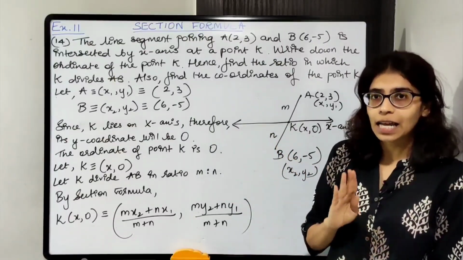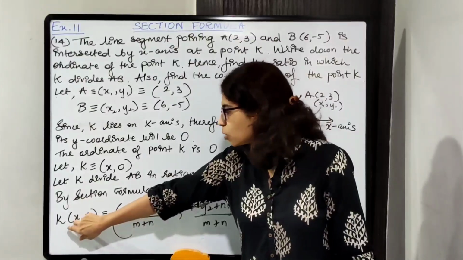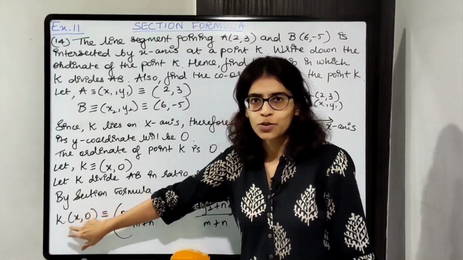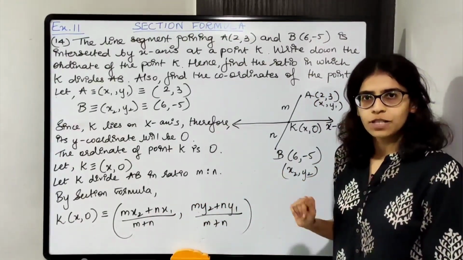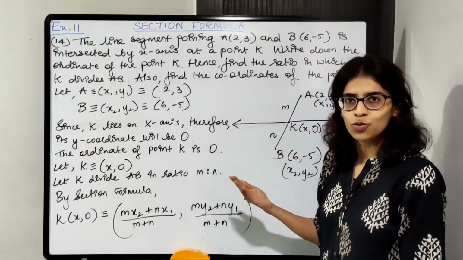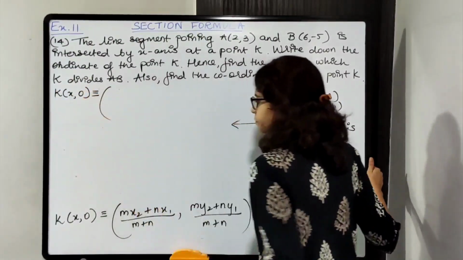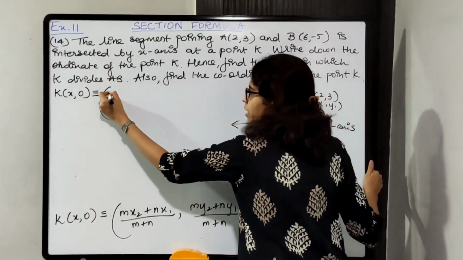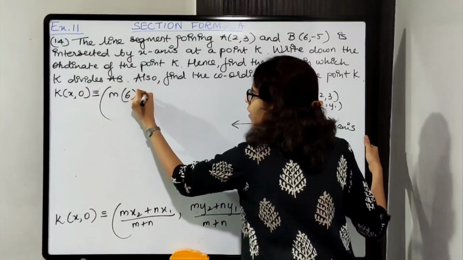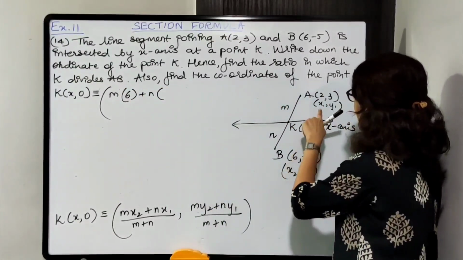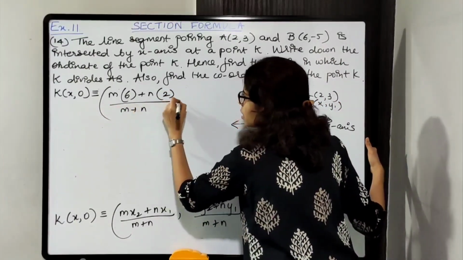Once you get m and n, you will find out the value of x, क्योंकि we need the coordinates of k. So let us substitute the values of x1, x2 and y1, y2 first. एक बार substitute करते हैं and then see how to solve. So k is x, 0, m into x2 है, m into x2 is 6 and n into x1 is 2 upon m plus n.